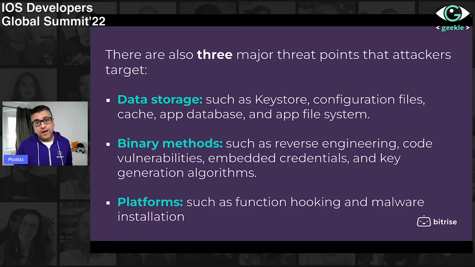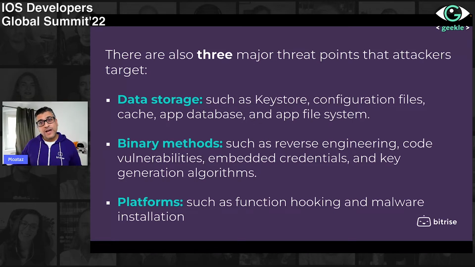Maybe one of your team members adds hard-coded credentials in the code base, which for sure can be an important vulnerability inside your application. And also key generation algorithms, and the platforms, such as function hooking and malware installation.